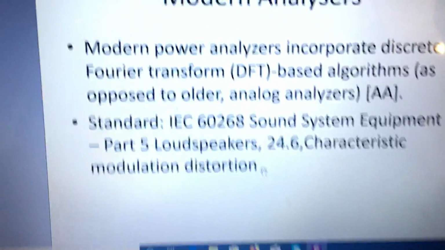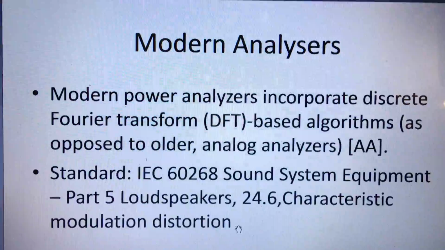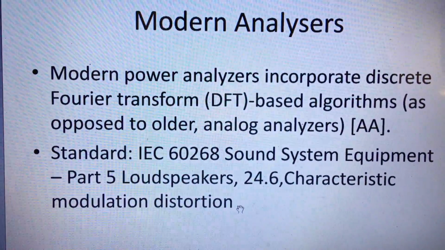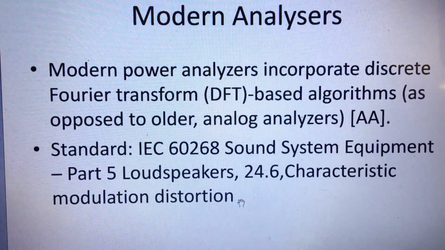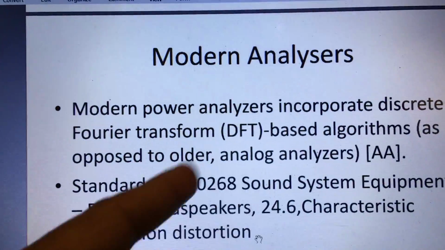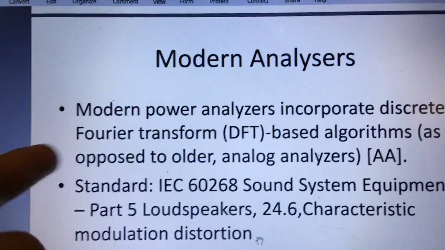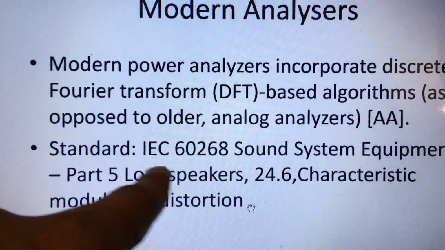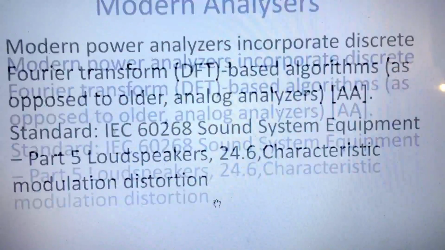Now these modern power analyzers incorporate discrete Fourier transform based algorithms as opposed to the older analog analyzers. Fine. And then this standard we have seen, IEC so and so, sound system equipment, part 5 loudspeakers and so on. I just want to draw your attention that there are some standards which are associated with analyzers, signal analyzers.